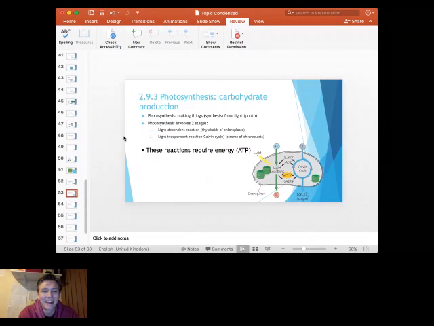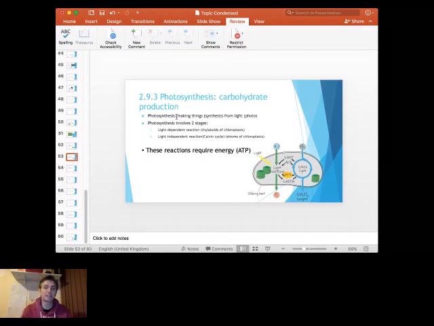The key understanding here, because we sadly can't go through the HL, is that photosynthesis is about making things from light. And there are two main stages to photosynthesis: the light-dependent stages and the light-independent stages.